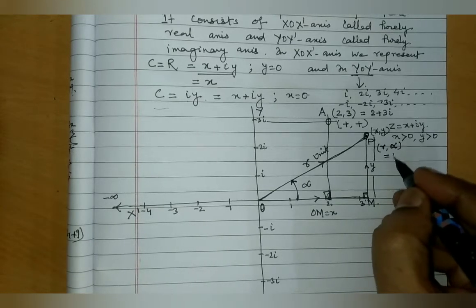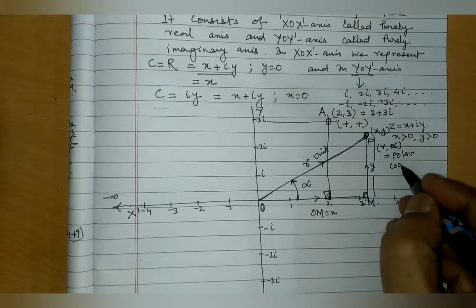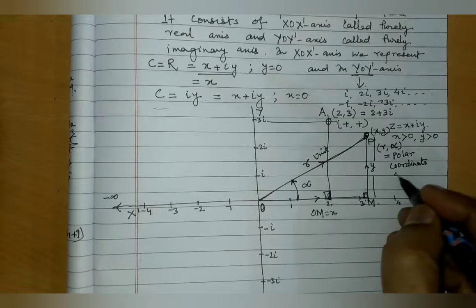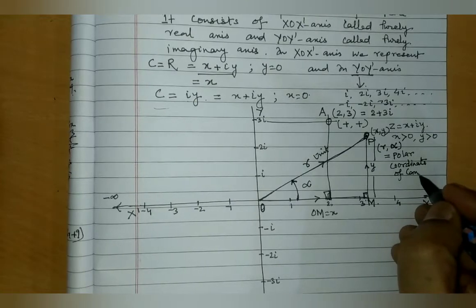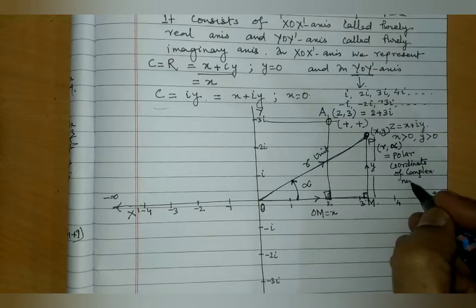This is called the polar coordinate of complex number.